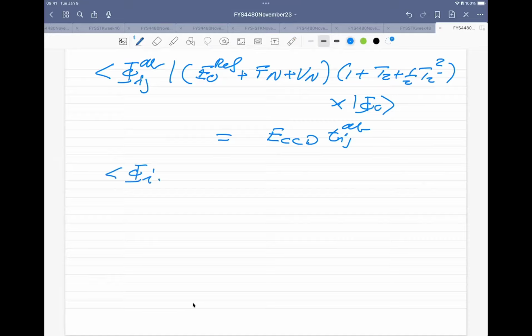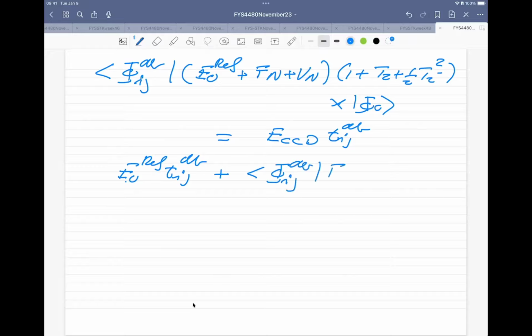So I get a Phi AB, E0 ref times Tij AB. If I shuffle that to the other side, I have the correlation energy. Then I have new terms, and I have to be a little bit careful, because we set them up last time.